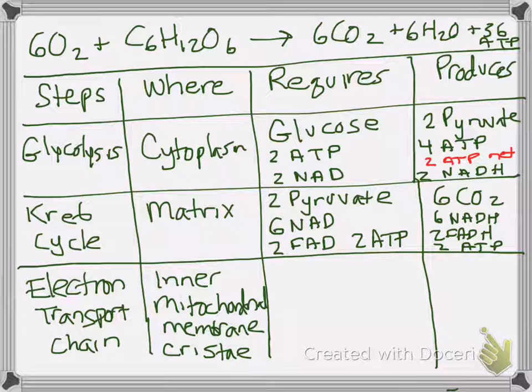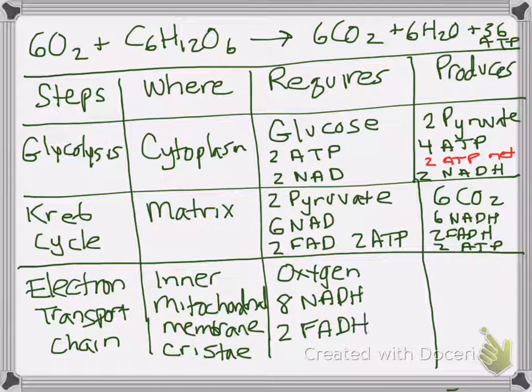This step is going to use oxygen and all of your electron carriers. So it's going to use the 8 NADH and the 2 FADH.